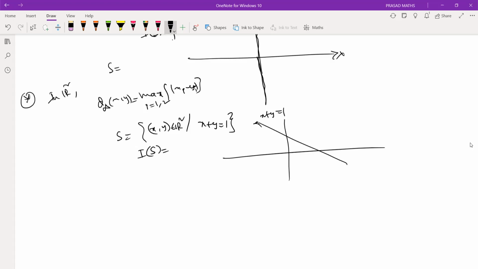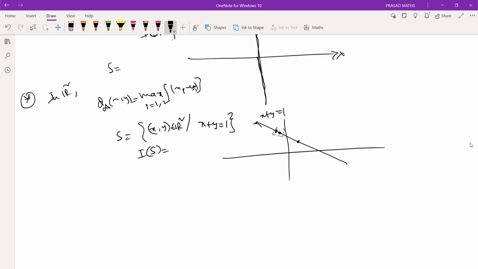Empty set. Good. Because you take any point here, what is my neighborhood here? Open square. You take any open square around this point, it contains at least one point other than the point itself. Therefore, this point is a limit point.